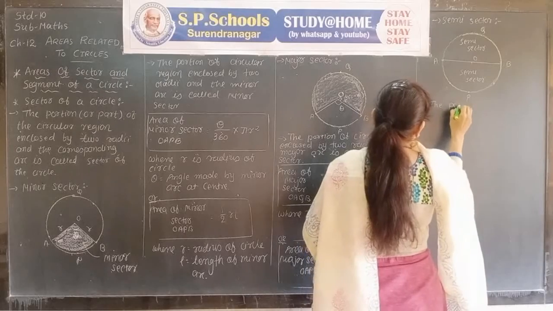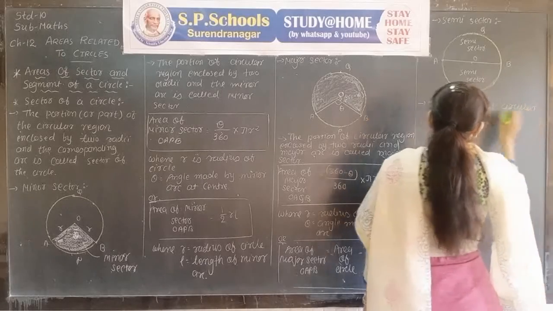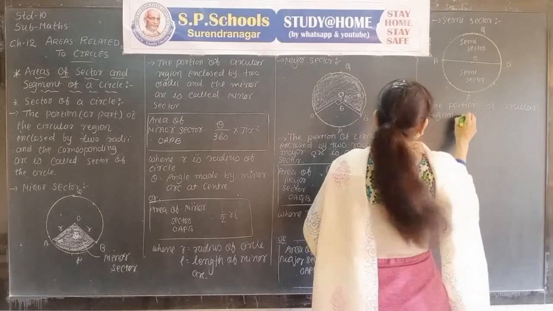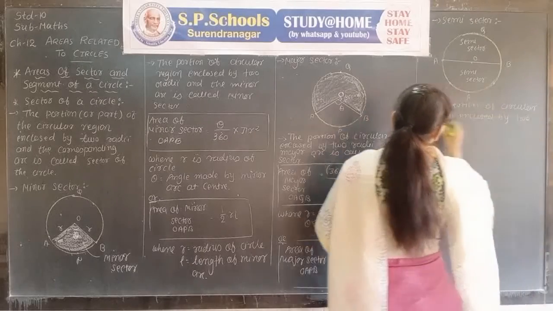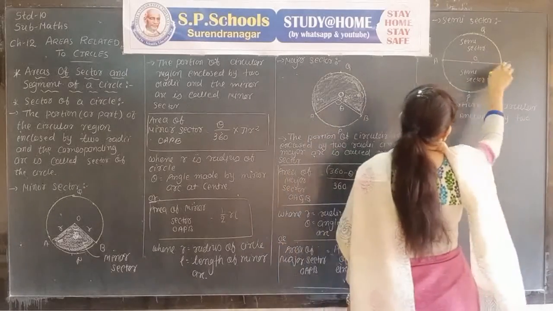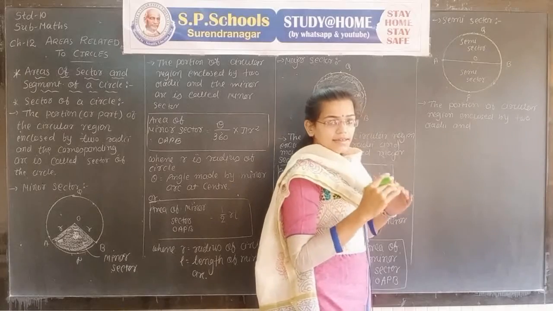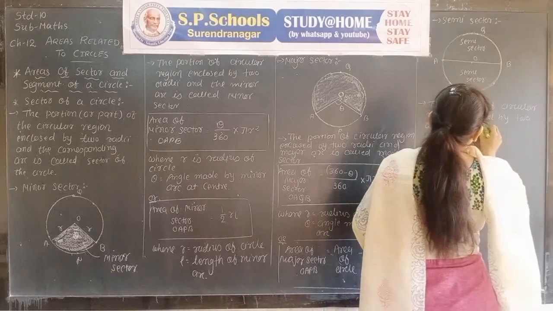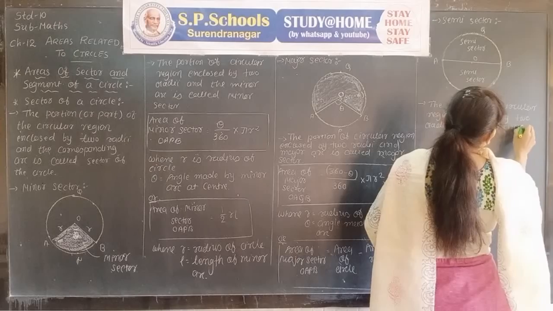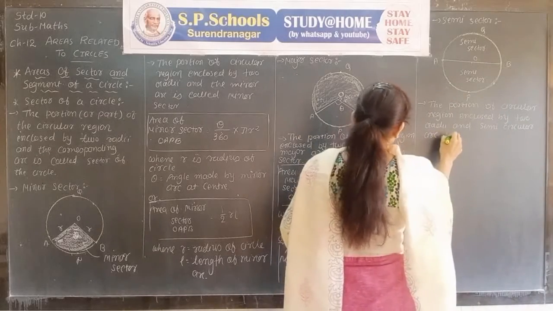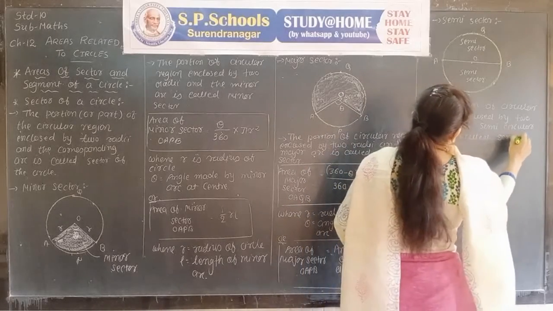The portion of circular region enclosed by two radii OA, OB and arc, half arc means the semi arc or semicircular arc is called semi-sector.